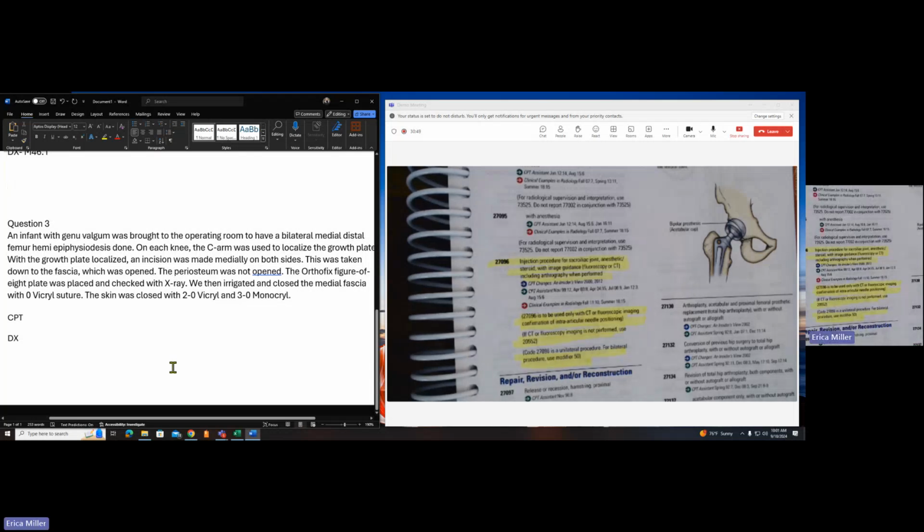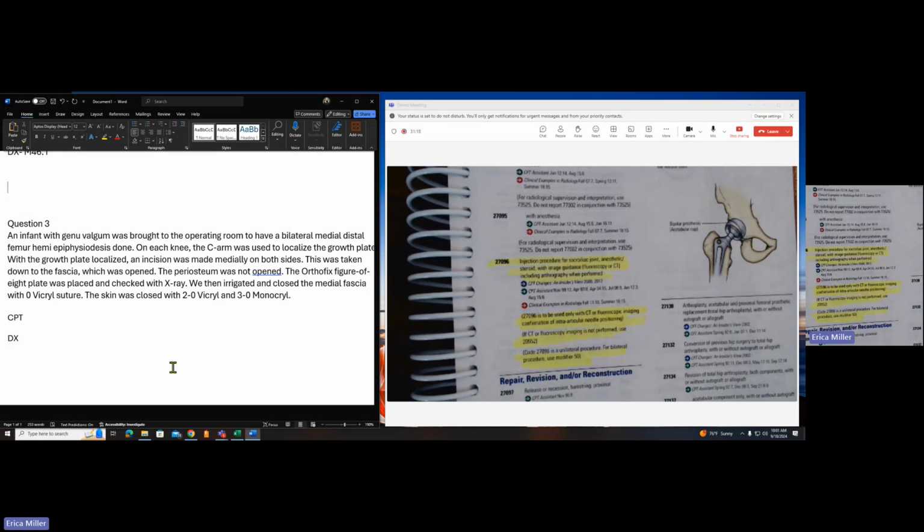All right. An infant with genu valgum was brought to the operating room to have a bilateral medial distal femur hemiepiphysiodesis done. On each knee, the C-arm was used to localize the growth plate. With the growth plate localized, an incision was made medially on both sides.